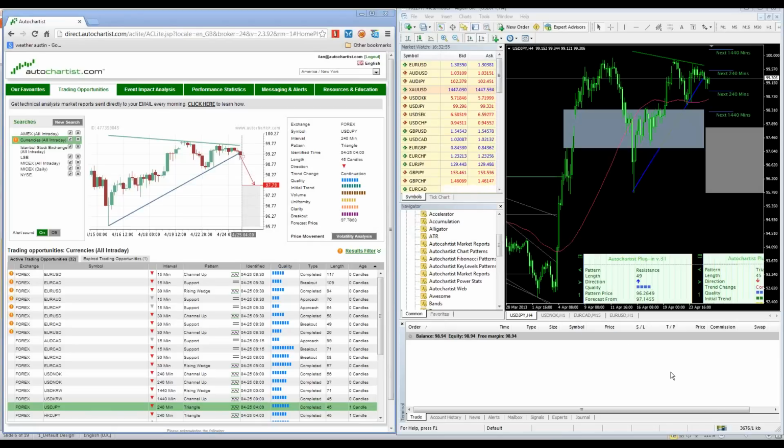These indicators over here basically tell you how uniform the pattern is, how much noise there is between support and resistance, the quality of the breakout itself, and many other indicators of the visual quality. That's one way to trade these things. Another way, which is the primary topic of today's webinar, is which indicators to apply to Autochartist in order to try and increase your probability of hitting your forecast level.